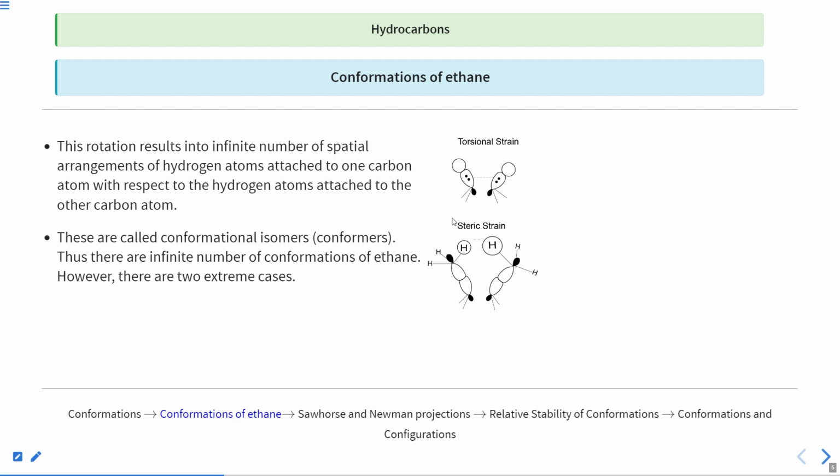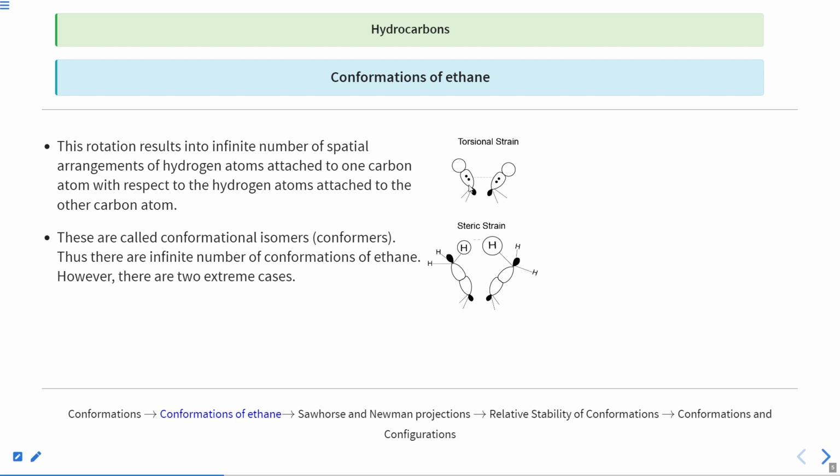If you talk about the steric strain, suppose this is your carbon, and these are hydrogens that are attached to this carbon. Now two hydrogens will repel each other because of the electron density that is surrounding these hydrogens. Now if I talk about the torsional strain, suppose this represents a bond. Here is a hydrogen atom, and here is a carbon atom. In between there is electron density. Similarly, in between there is electron density.